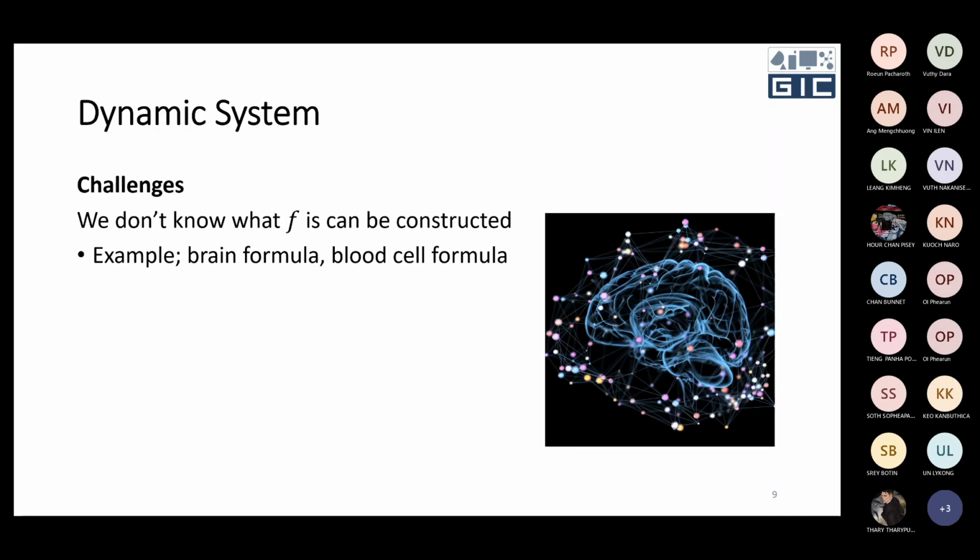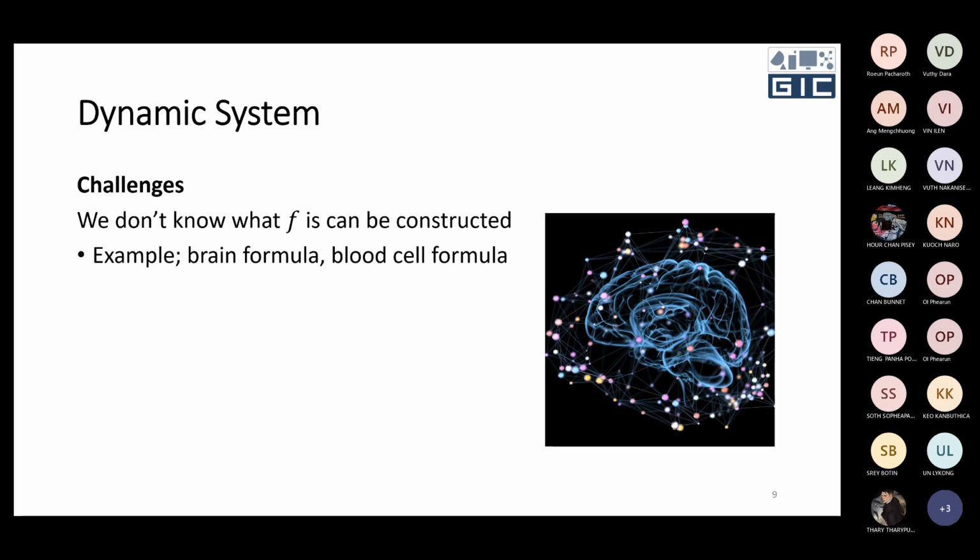Why don't you just use a sequence diagram, use case diagram, or activity diagram to represent a system? Why do you need dynamic systems? When you try to represent, for example, human brain processing, do you have any formula to represent a human process? You don't.